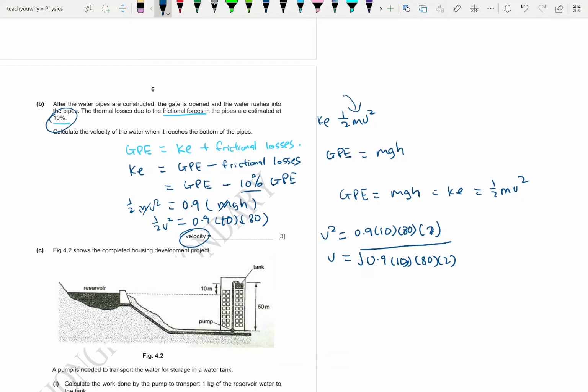So the answer will be 37.9 meters per second.